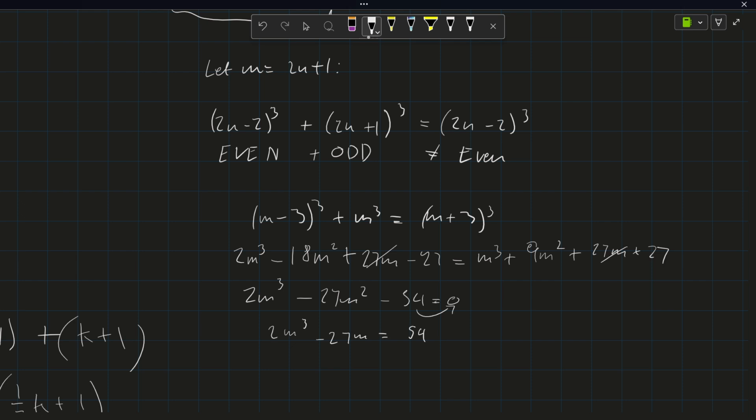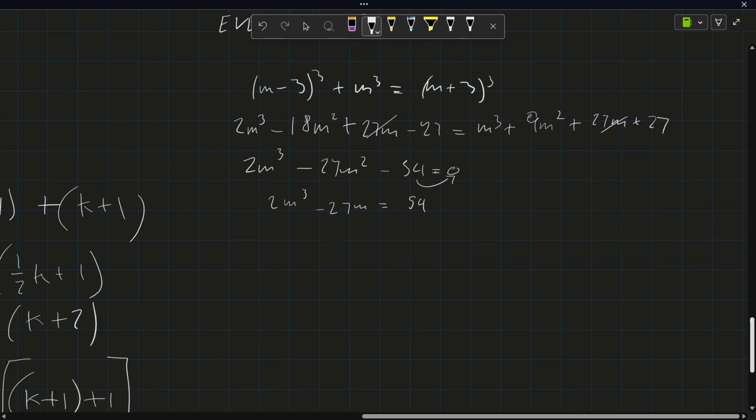Even if I did make a mistake in my expansion because I did it mentally, we can still just take out m squared, which would be m squared times 2m minus 27. So all we need is for m squared to be a factor of 54. But there are no numbers that satisfy that.